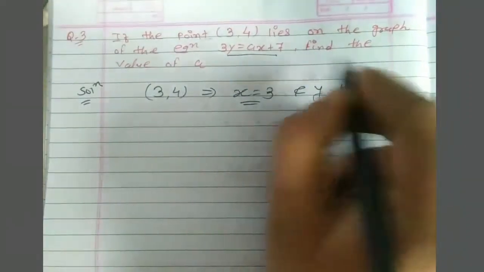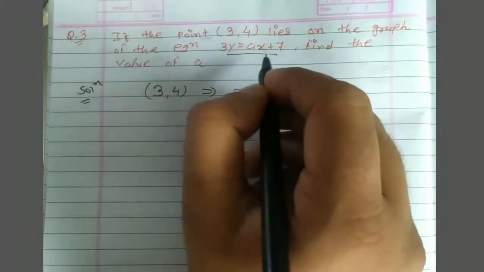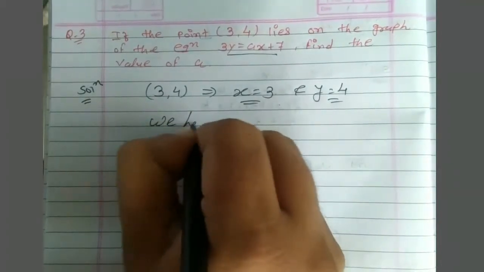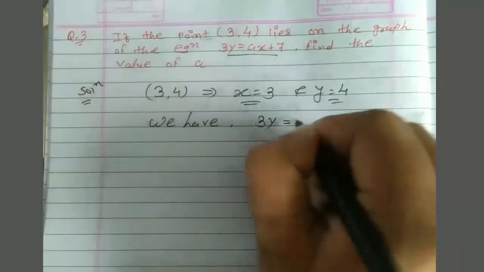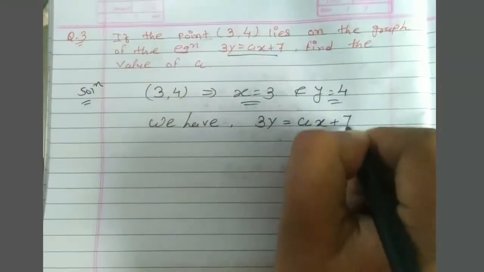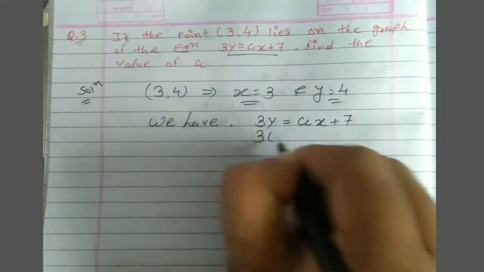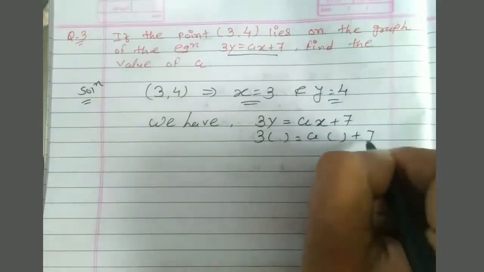So put this value in our linear equation 3y is equal to ax plus 7. So write down, we have the linear equation 3y equal to ax plus 7. That's why 3 into y equal to a into x plus 7.